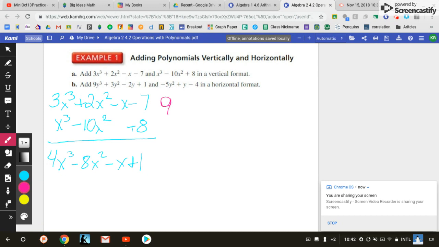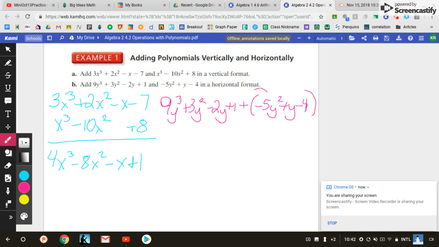So you'll have 9y cubed plus 3y squared minus 2y plus 1 plus, and then in parentheses, write your next polynomial, negative 5y squared plus y minus 4. Now, technically, outside this parentheses is a positive 1.